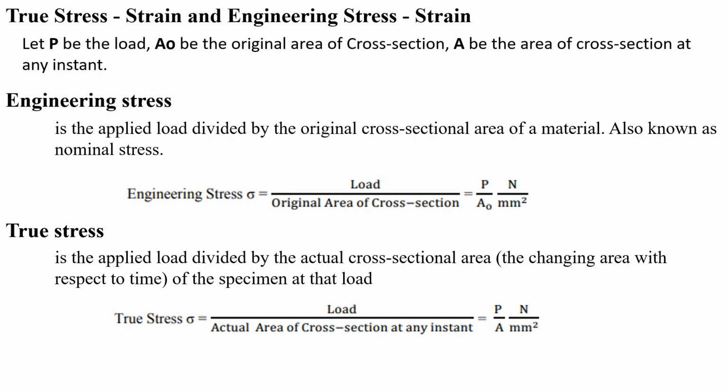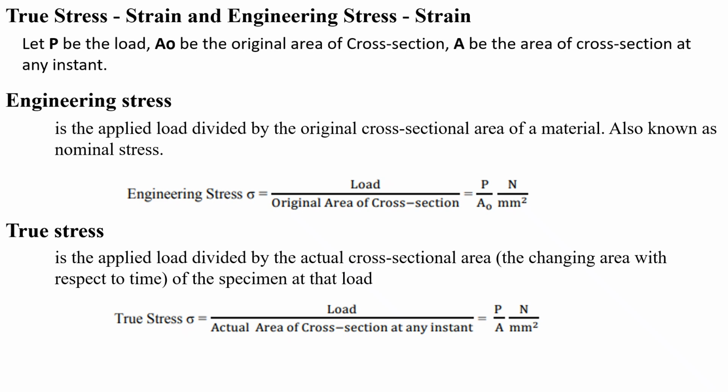Then true stress is the applied load divided by the actual cross-sectional area of the specimen at that load. The actual cross-sectional area changes with time, so at each instant we get a different cross-sectional area.